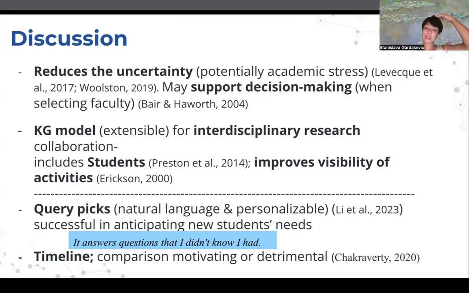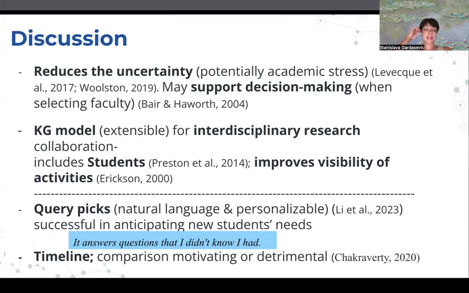And it includes students, as this kind of peer mentorship is underutilized yet valuable. So it includes their perspective. But it also improves visibility of activities. You can really see who is doing things and who is not doing things. So it does call for accountability.